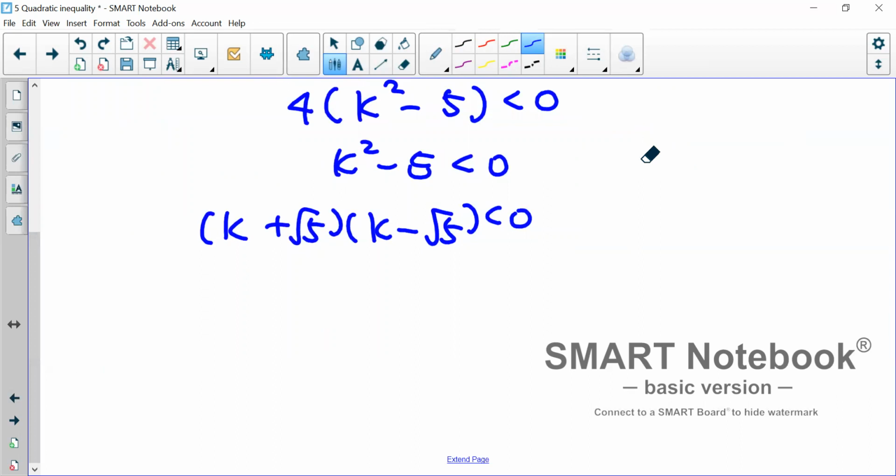So then we can sketch the graph, put the roots on the graph. So the graph cuts the axis at minus root 5 and the positive root 5.